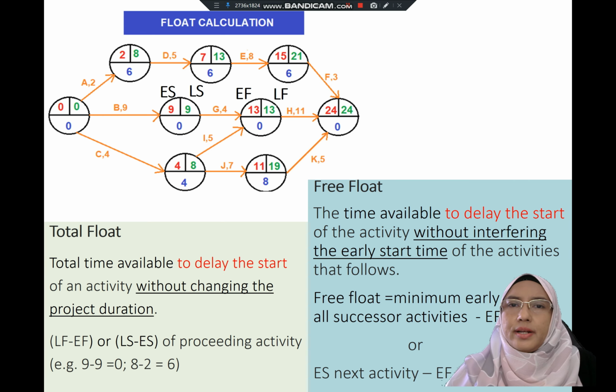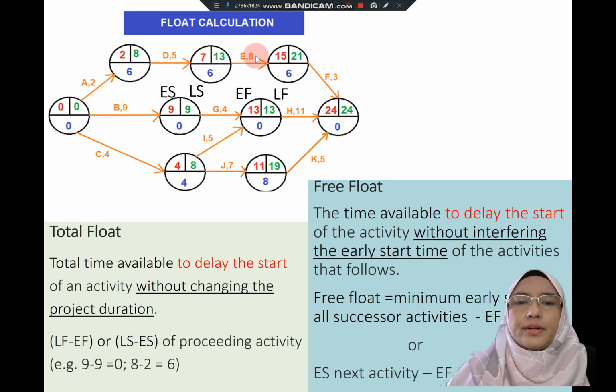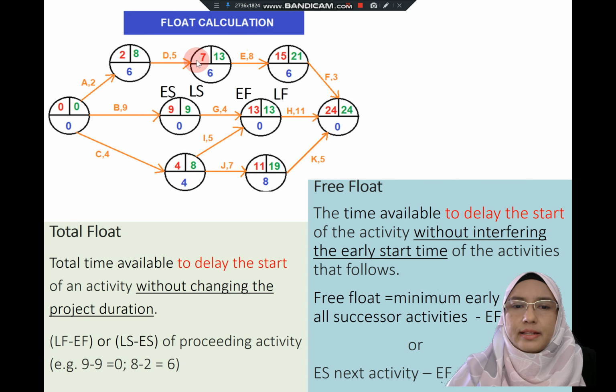Now let's look at what free float is and how to calculate it. Free float is the time available to delay the start of an activity without interfering with the early start time of the following activity. For example, the earliest that activity E can start is week 7, and the latest that it can start is week 13.